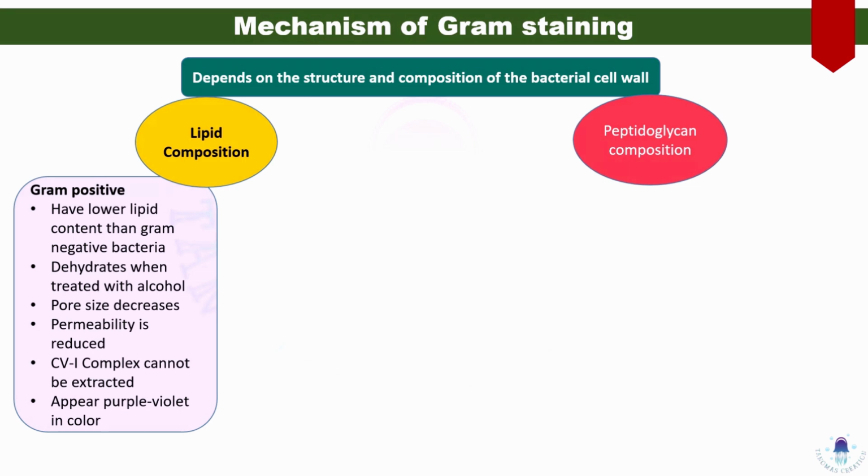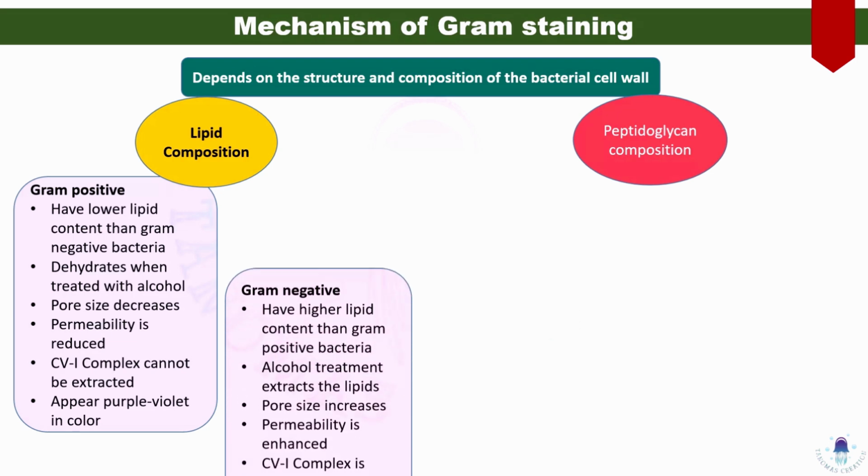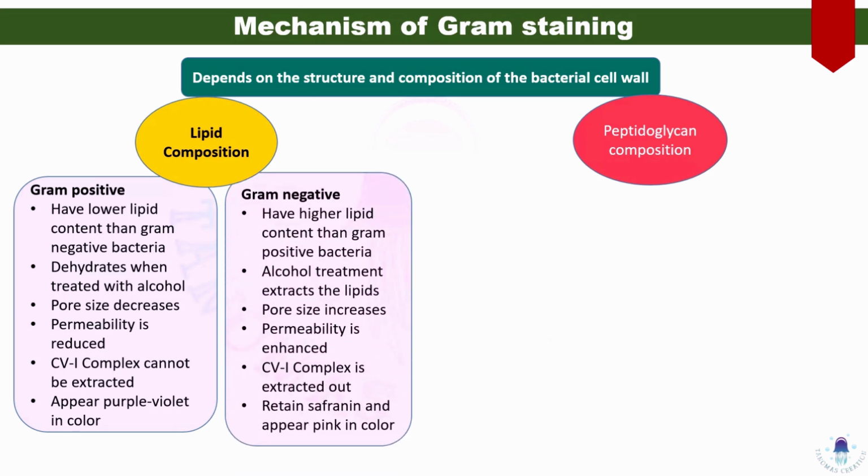And after dehydration, what happens? Pore sizes decrease, resulting in reduced permeability, because of which the CVI complex, that is crystal violet and iodine complex, cannot be extracted from the cell wall. Therefore it appears purple violet in color. Whereas Gram-negative bacteria have a higher lipid content because of the presence of the outer membrane.